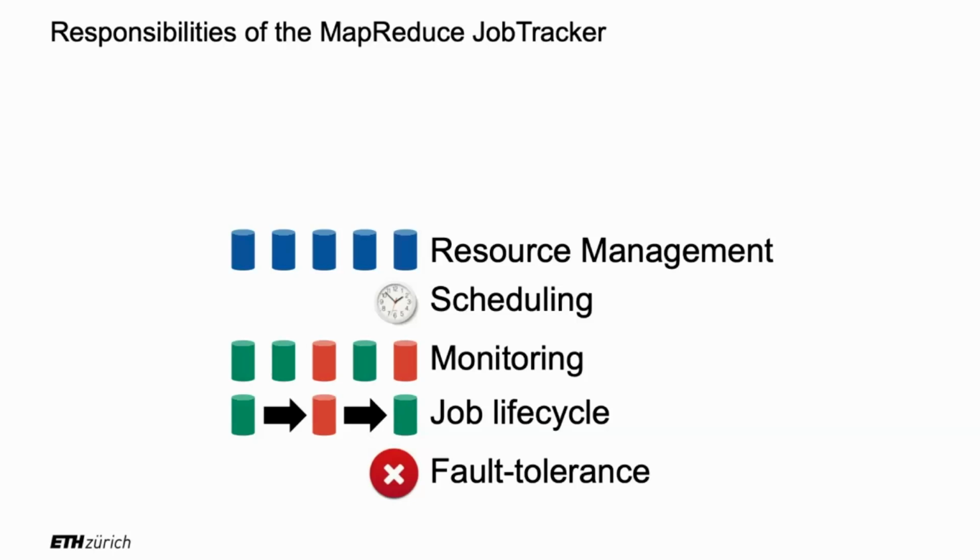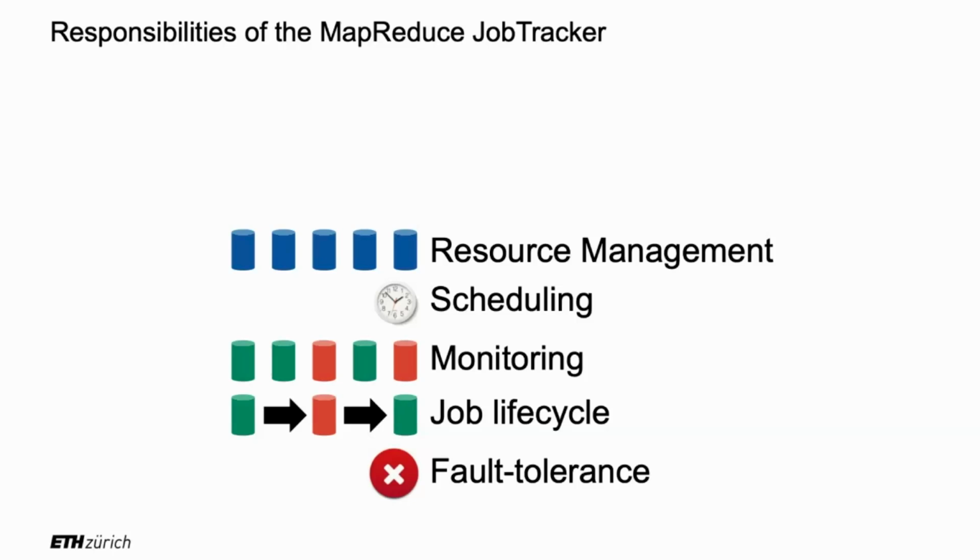It has to monitor the machines because it has to detect if one of the task trackers might have crashed, and then the map task there will not be completed, right? Now, if a map task crashed or is not completed, that's not a big deal. Then you ask another machine to take it over, right? But it has to take care of that.